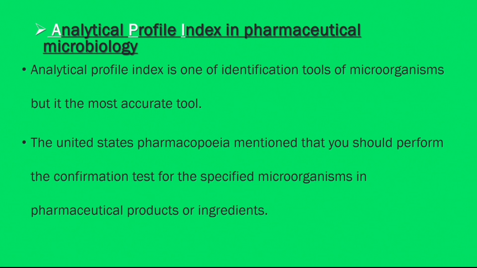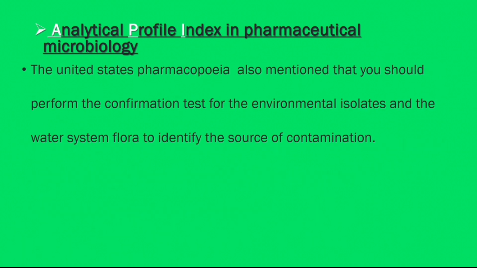Analytical Profile Index in Pharmaceutical Microbiology. Analytical Profile Index is one of the identification tools of microorganisms, but it is the most accurate tool. The United States Pharmacopoeia mentioned that you should perform the confirmation test for specified microorganisms in pharmaceutical products or ingredients.